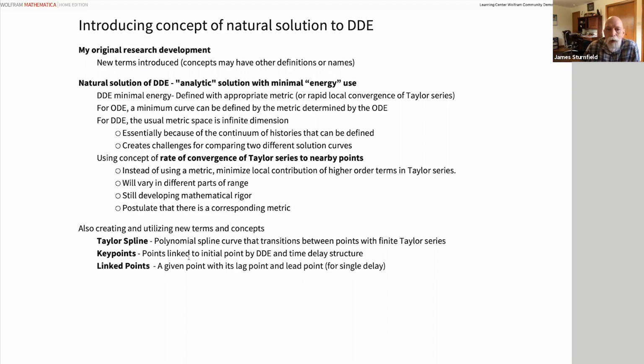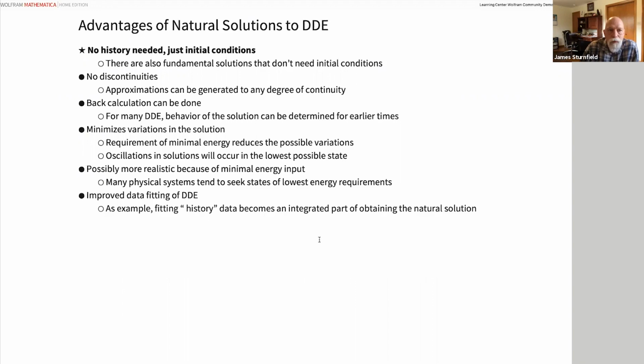And those are also lead points and link points, and we're using that to build up our natural solution. This natural solution in general doesn't need a history, but it can use as many initial conditions as you want to give it.